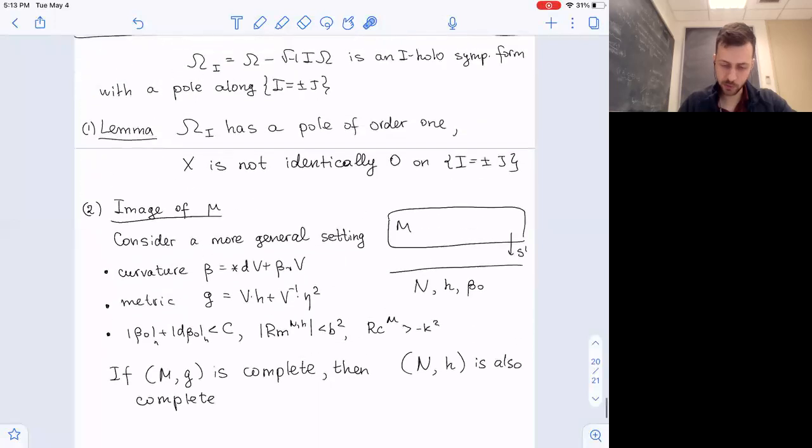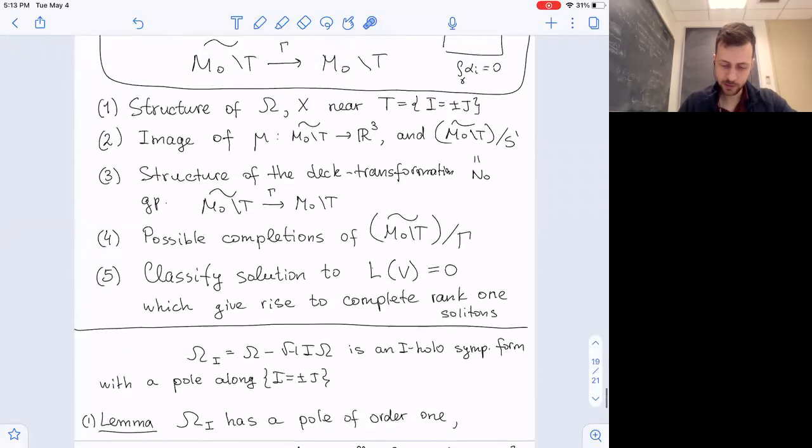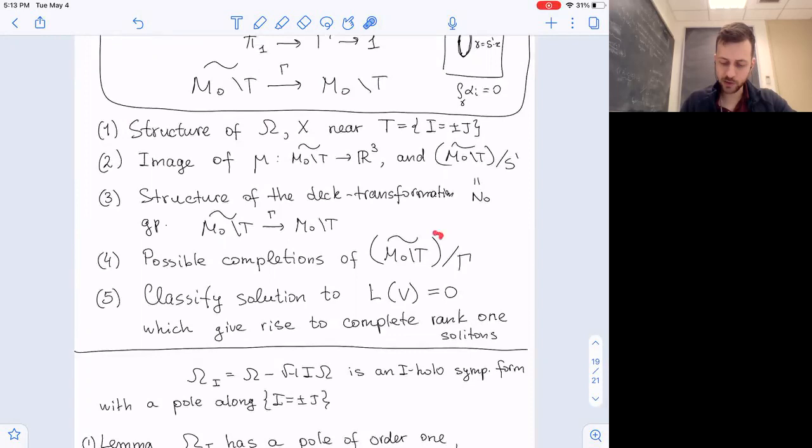So specifically, what we'll have in our case. This thing is not really complete because we have thrown something away, but we can control its non-completeness.